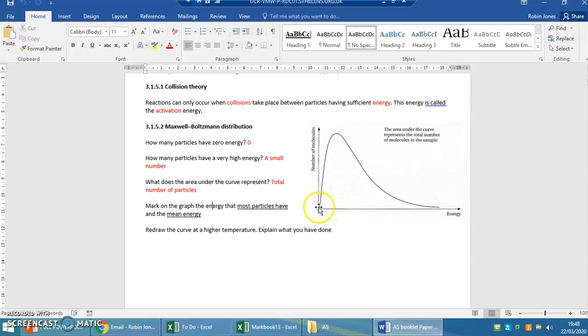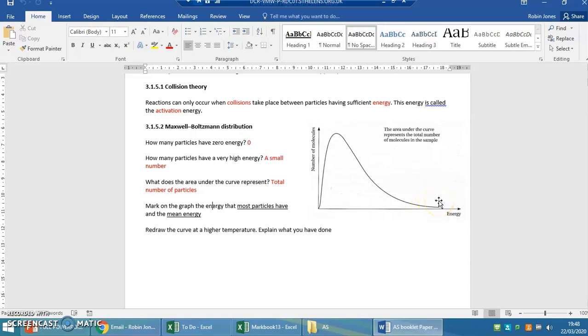So now when you draw a curve, you'd expect the peak to be further to the right, because more particles have more energy. So you're going from here, 0, 0, and you're producing a peak that's further to the right than this one. It's somewhere here. And the end of the line is above the other line here.